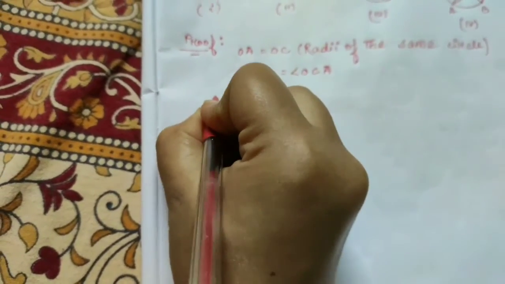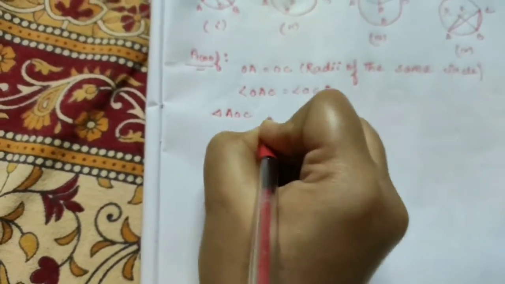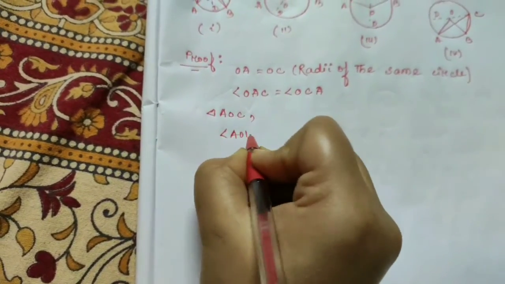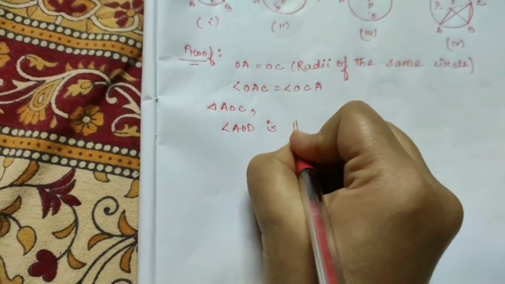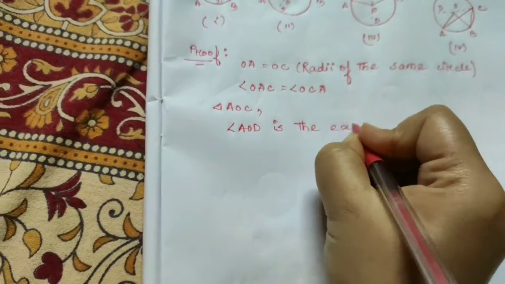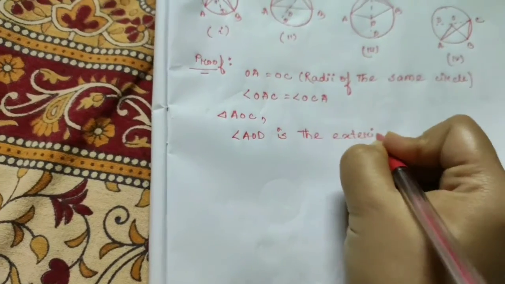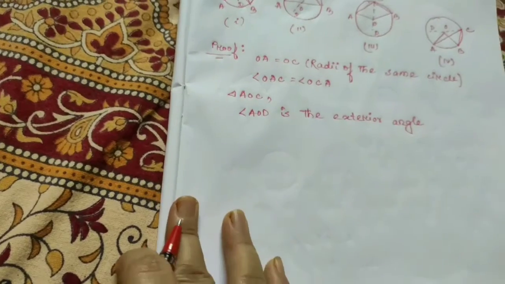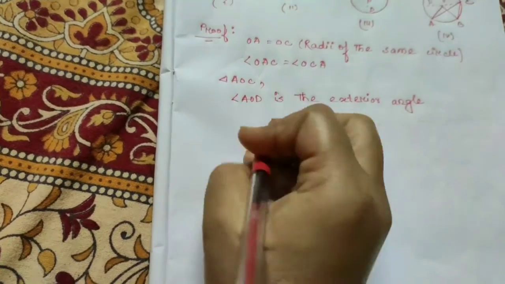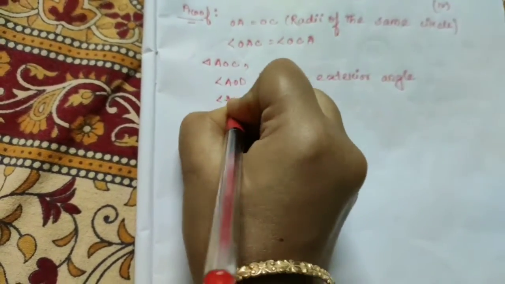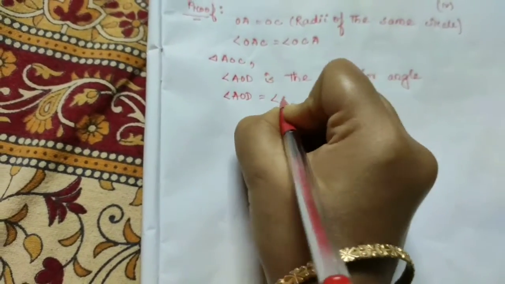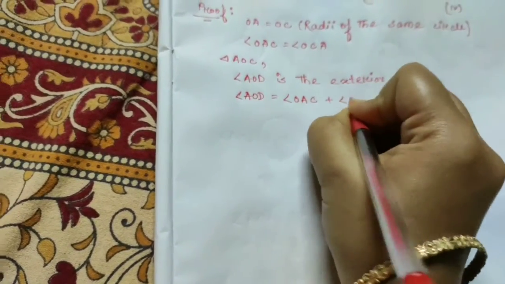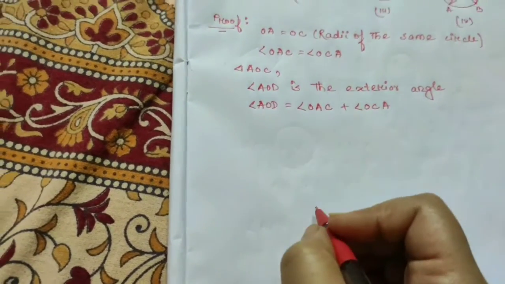Now, for the triangle AOC, angle AOD is the exterior angle. As angle AOD is the exterior angle, therefore AOD is equal to the sum of the two interior angles, that is OAC and OCA.